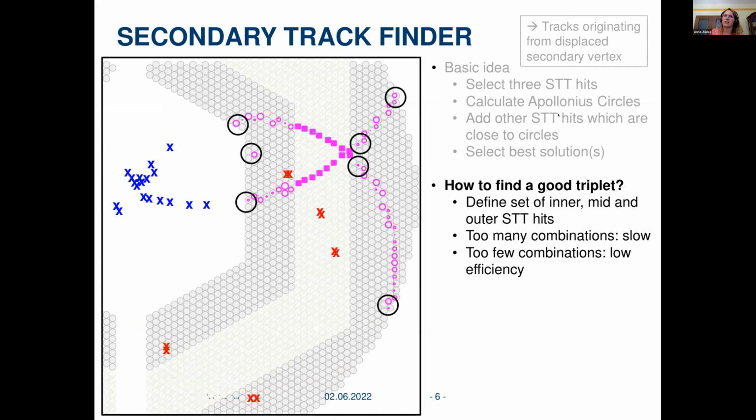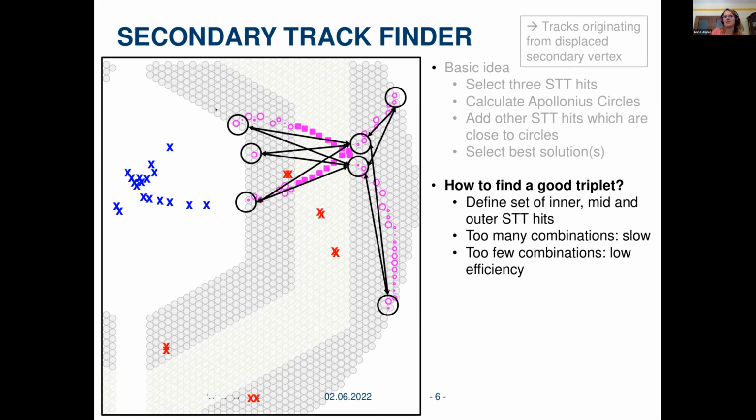Now you can imagine that finding such a well-chosen set of 3 hits is already the most challenging part of the algorithm. If I calculate too many combinations, my algorithm will get slow, and if I calculate too few combinations, the efficiency of the algorithm will drop because I can't find all tracks anymore.